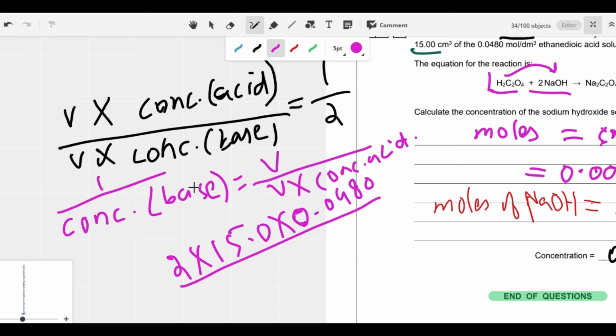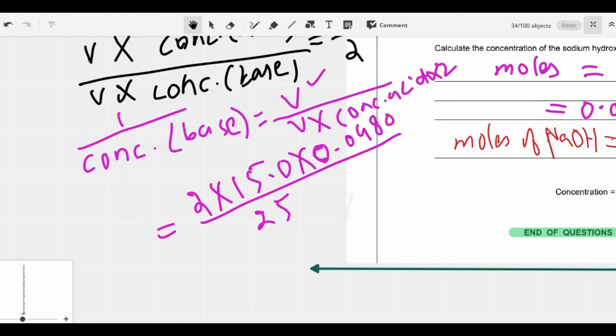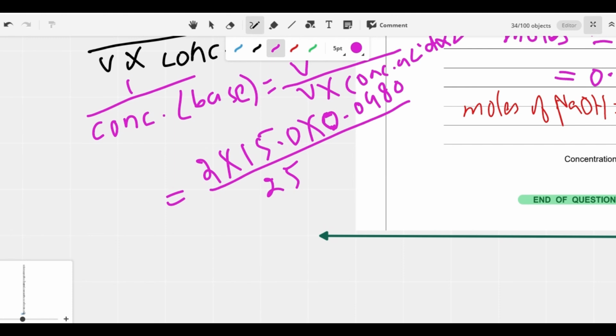When you reverse it, the concentration of the base goes into the denominator, the volume should be in the denominator, and the volume and concentration of acid in the numerator, multiplied by 2 which goes into the numerator, and divided by the volume, 25. So the answer will equal 0.0576 moles per decimeter cubed.